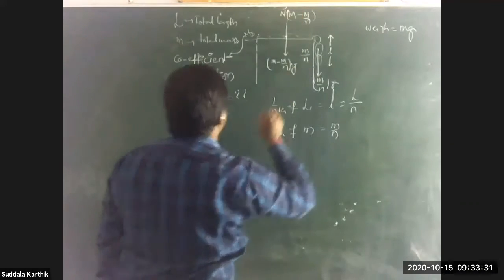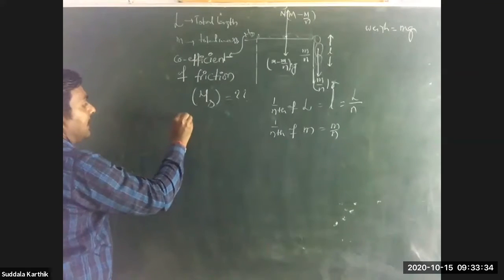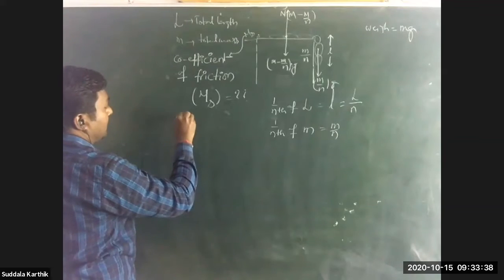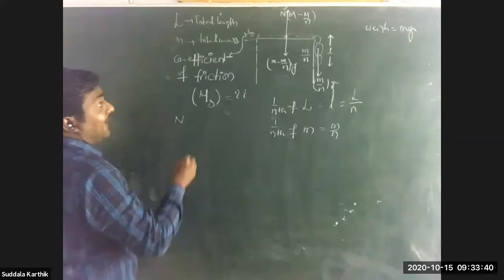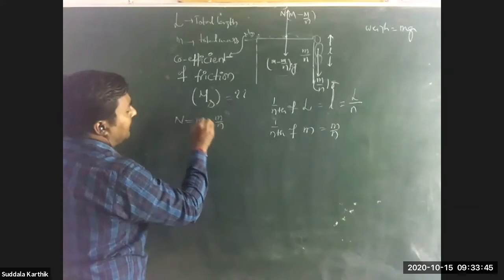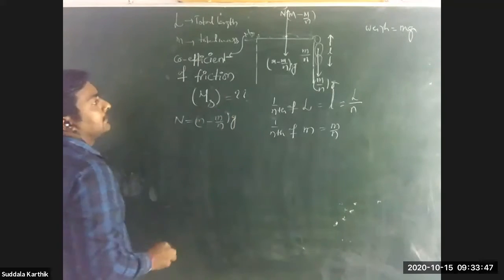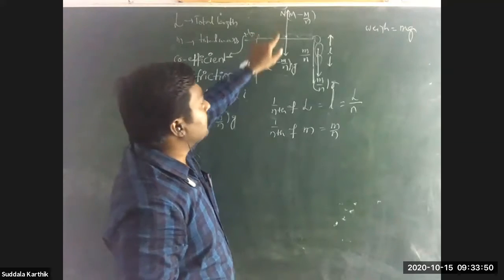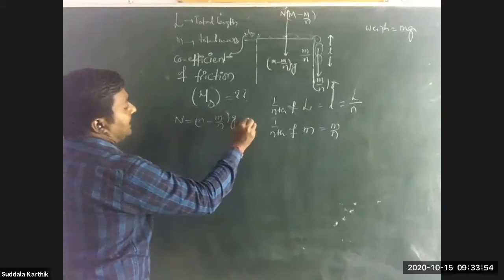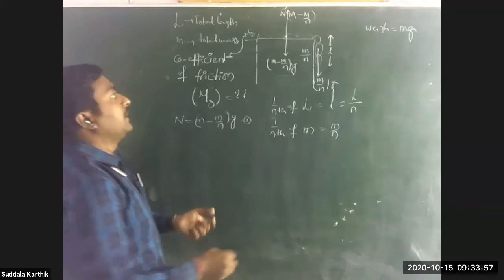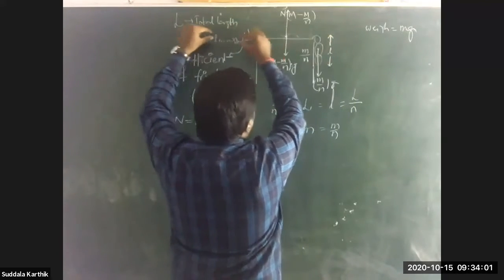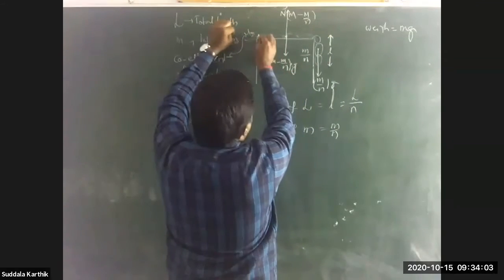From that diagram, capital N is equal to m minus m by n into g. Let it be equation number 1. But you know very well about that. Yes, this is the frictional force between the chain and the surface, in between these two.